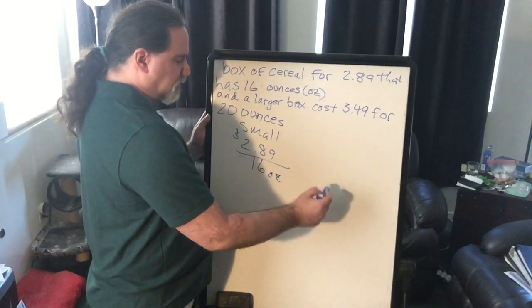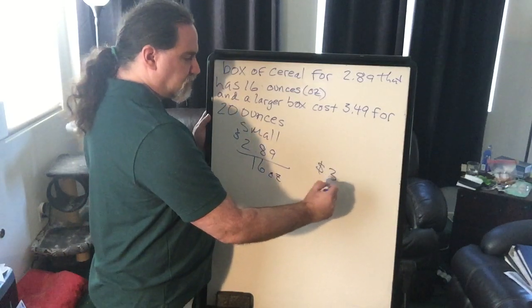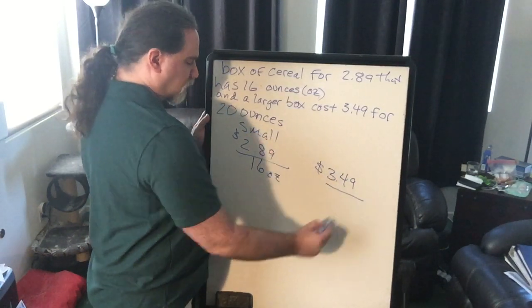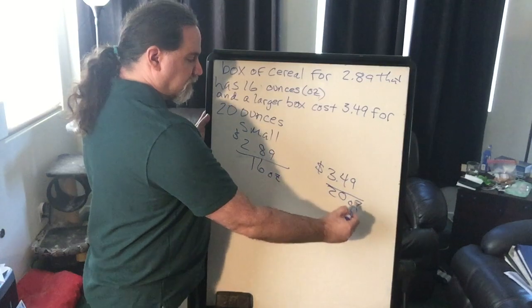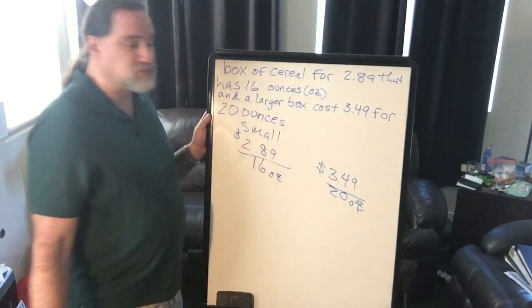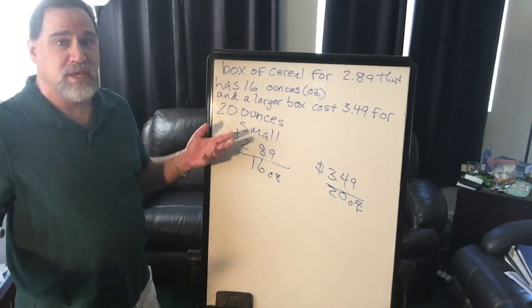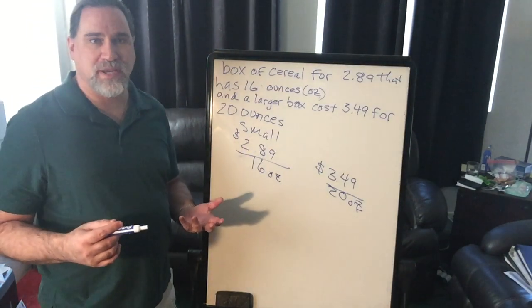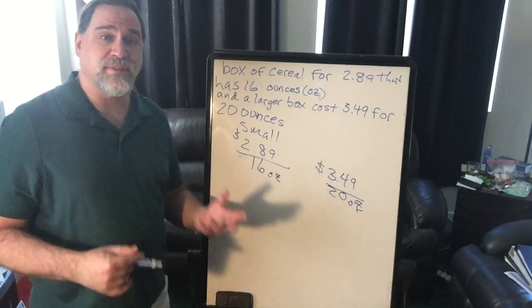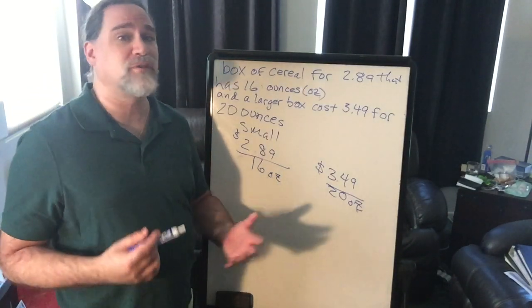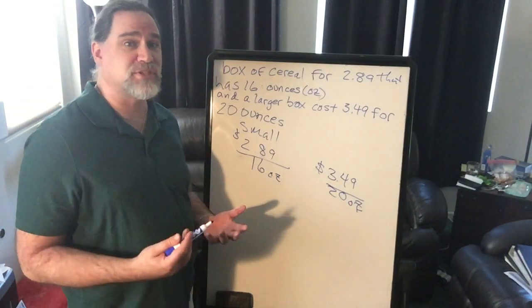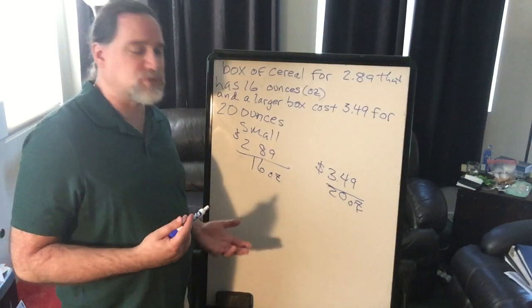And the second box is $3.49 for 20 ounces. If I just turn the two into unit rates, it'll be very easy for me to compare them. And then I'll know exactly which box I should be buying. And then I'm flexible, right? The next time I go, if there's a sale, I'll be able to check it because I'll already know how to do this process.